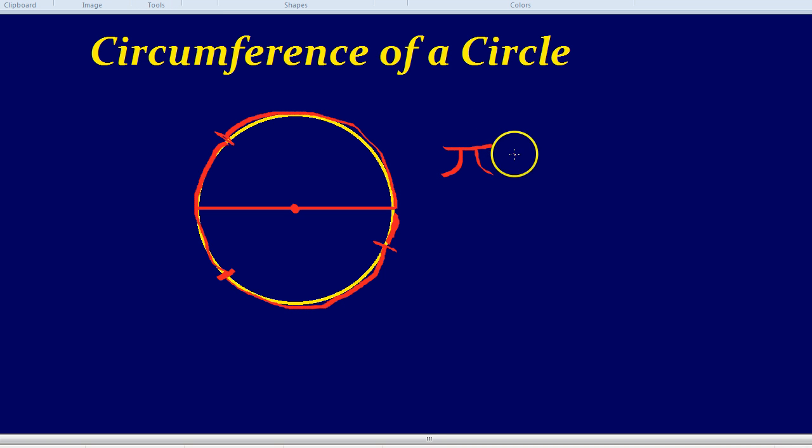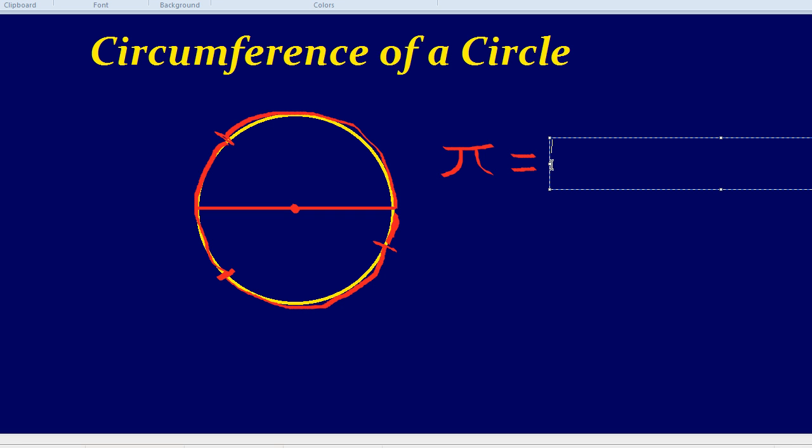What that pi represents is the exact number of times that a diameter would fit around the circumference, and the number itself actually goes on forever because it's a decimal, but what it looks like is 3.141592, carrying on. That's rounded to 6 decimal places, but it would carry on forever actually. So roughly you can see it's 3 times with a bit left over.